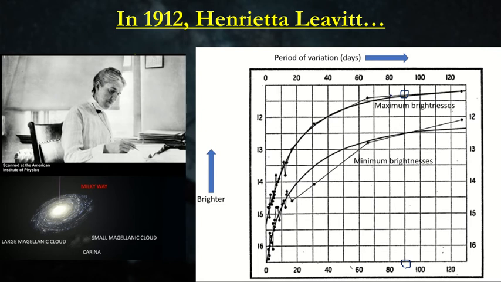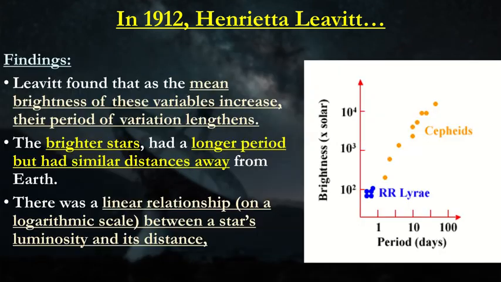But what she also found was the brightness of these variables increases as their period of variation lengthens. You can also see that dimmer stars obviously have shorter fluctuations in terms of days, based on their brightness. Okay, so that's what she saw.